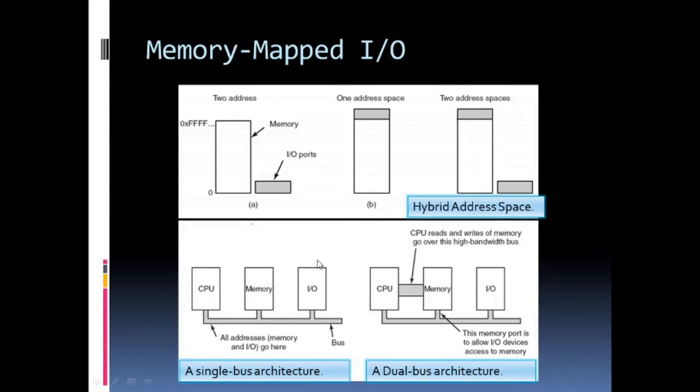Now let's see the bus architecture. The CPU can communicate using a single bus architecture in the first example. Here the CPU is communicating with the same bus structure to the main memory as well as the IO.